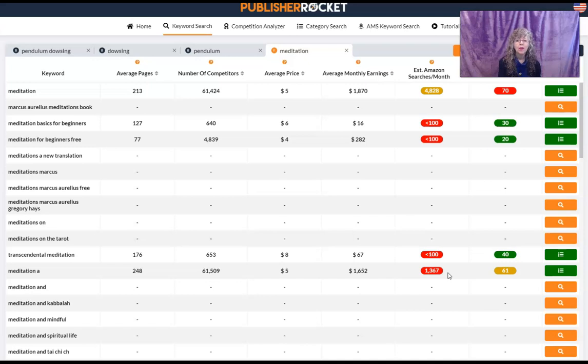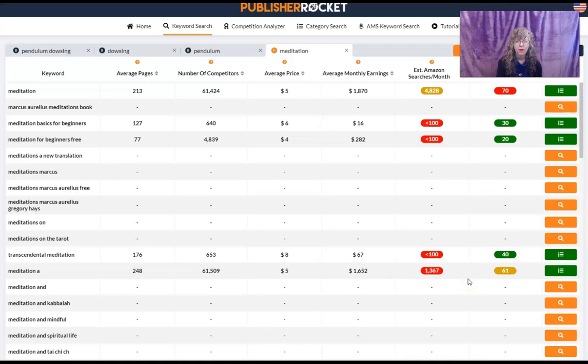A whole lot of people have put that either in their description or in their keywords in the list. Those books are longer, but I mean, it's doable. So I might think about that one, right? But you get the idea. So I would go through this list. I would find really great keywords.